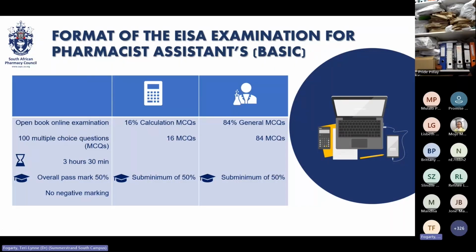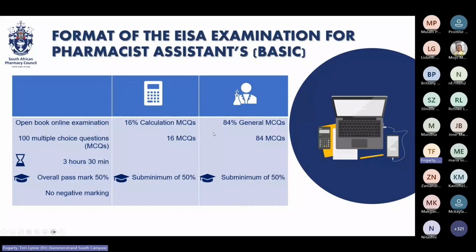The exam is further divided into 2 sections. There is a calculation section and a general section. The calculation section is 16% of the paper, which equates to 16 questions, and the general section is 84 questions, and you have to pass each of those sections independently.